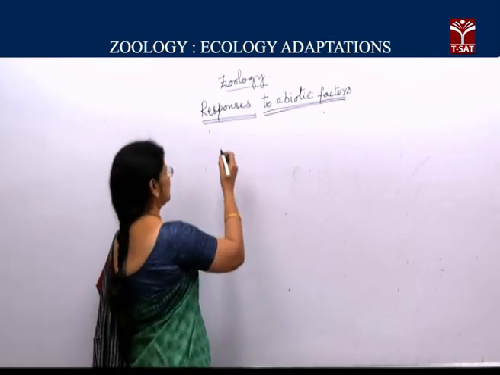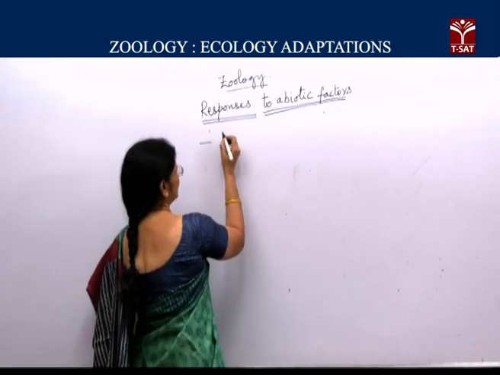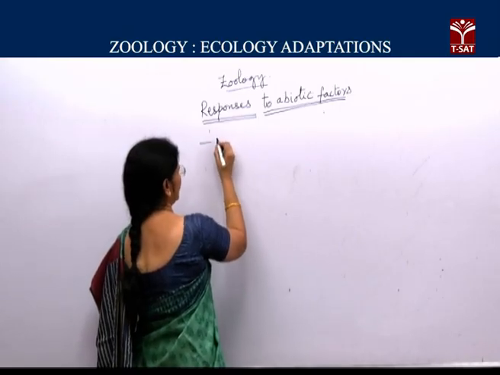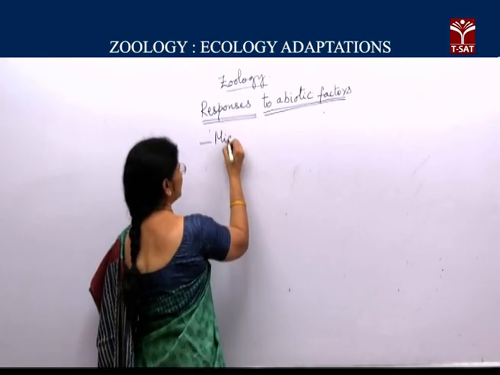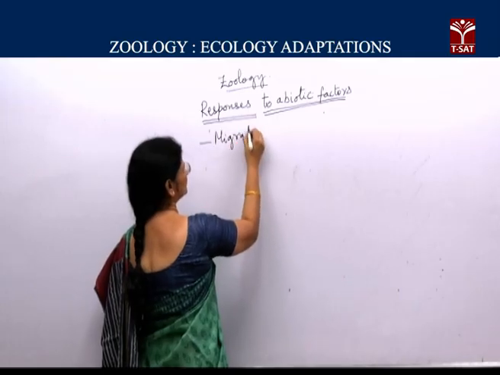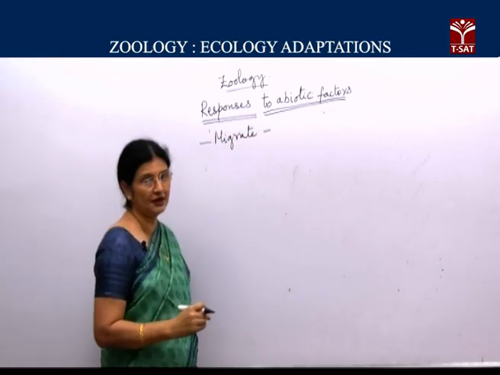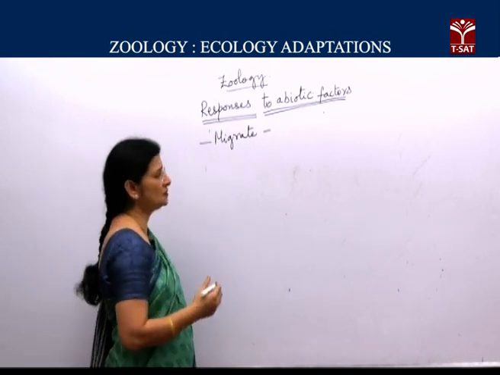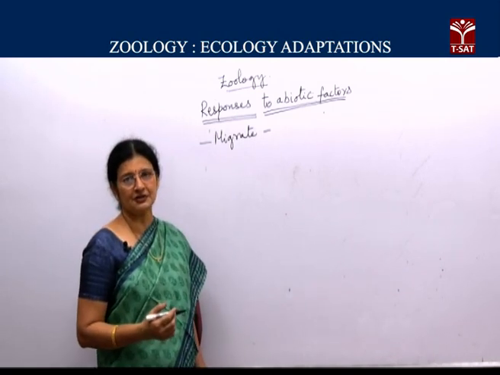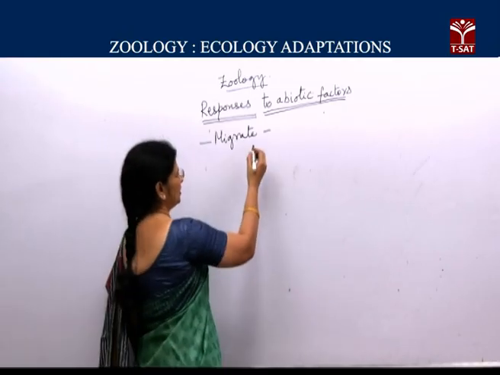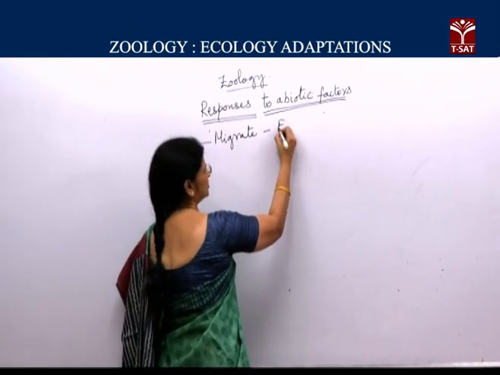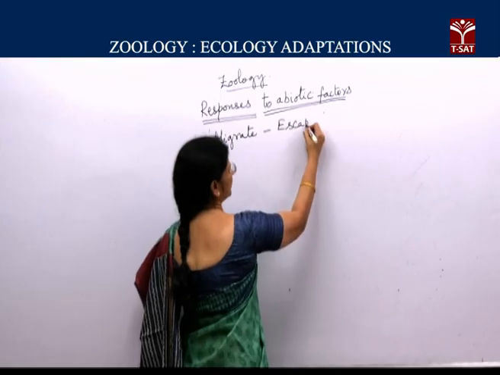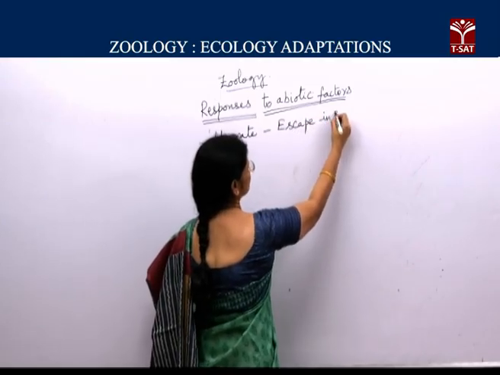So in such cases, organisms show temporary mechanisms, like they migrate to another place. If the unfavorable conditions are temporary, then they migrate to other places. It is called escape in space.